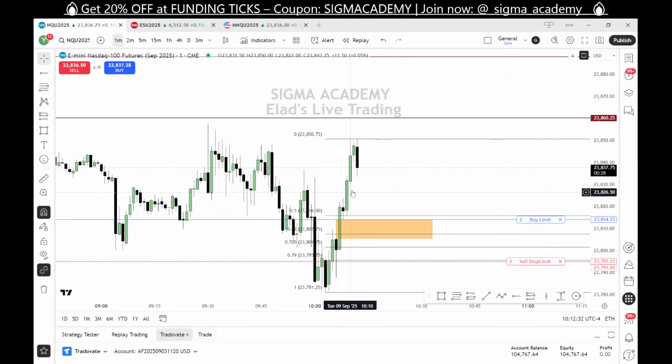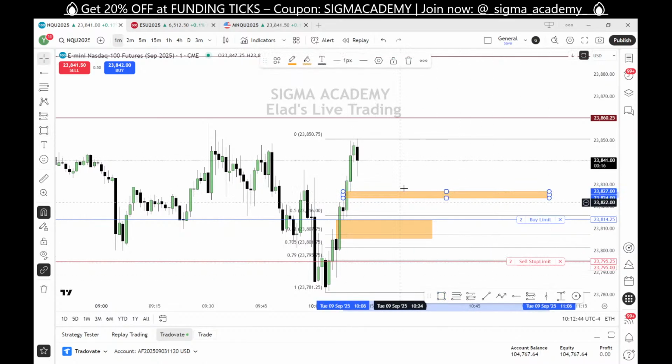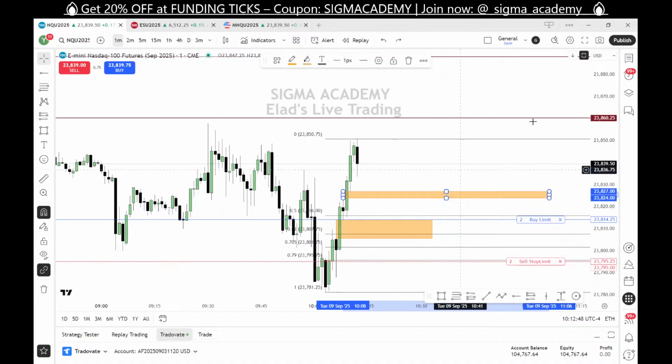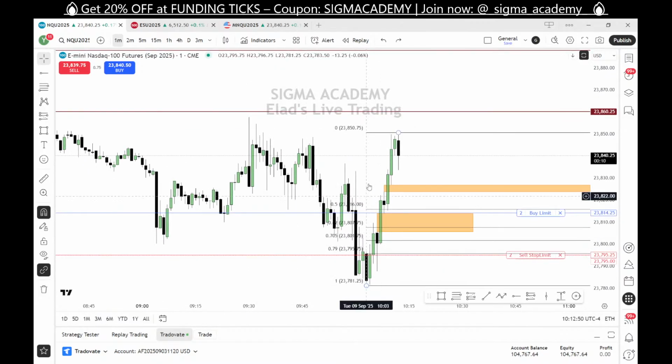First fair value gap, second fair value gap. Most of the time it will react from the second fair value gap from this area right here. You can see it. This is a potential reversal, okay? But of course we have a breaker block and we have down candle right here.